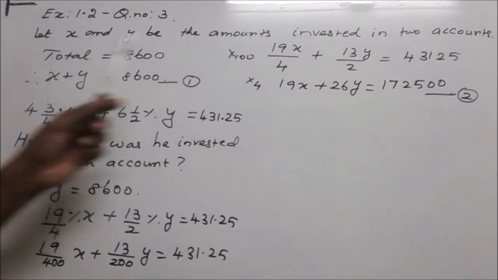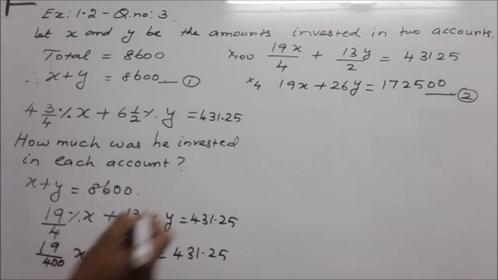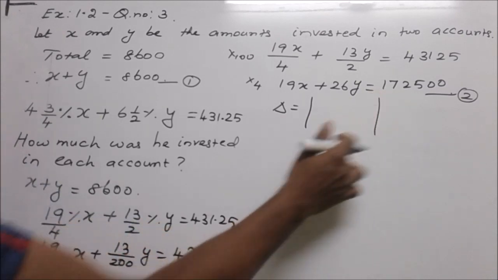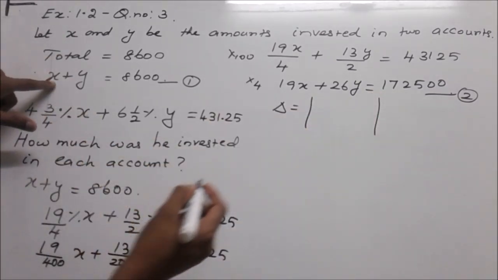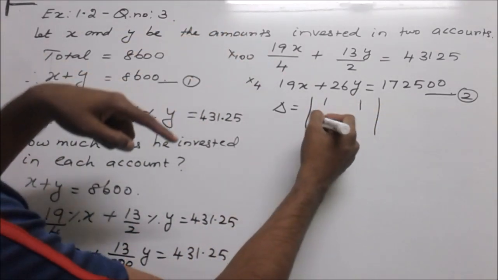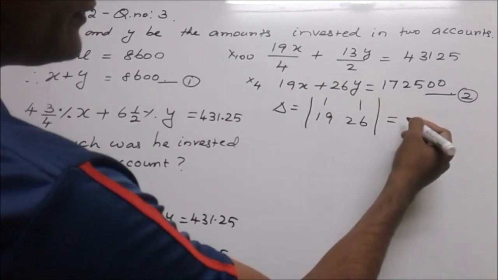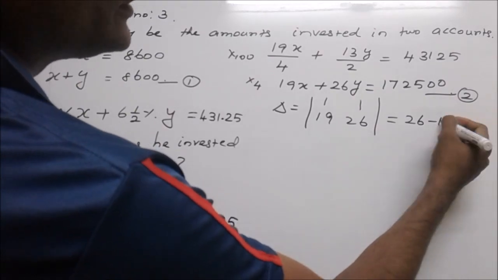There are two linear equations in two unknowns. Solve by determinant method. To find delta, take the determinant value of the coefficient matrix. From equation 1: 1, 1, from equation 2: 19, 26. The value of this determinant delta is 26 minus 19, that is equal to 7.